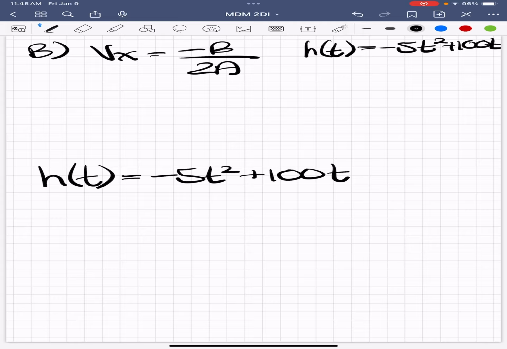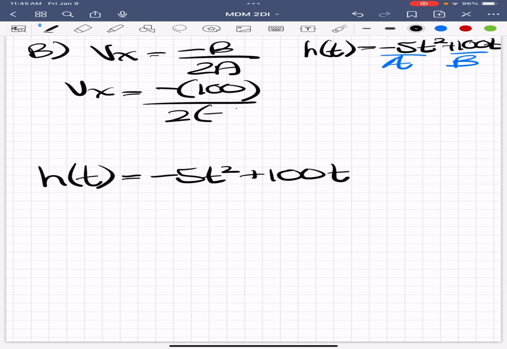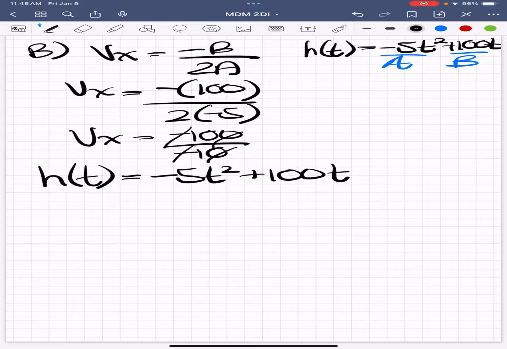So this would be a, and this would be b. So we have Vx equals negative 100 over 2 times negative 5, Vx equals negative 100 over negative 10.